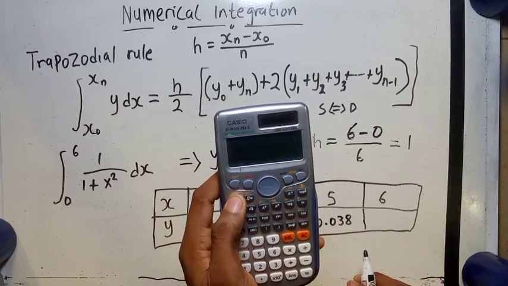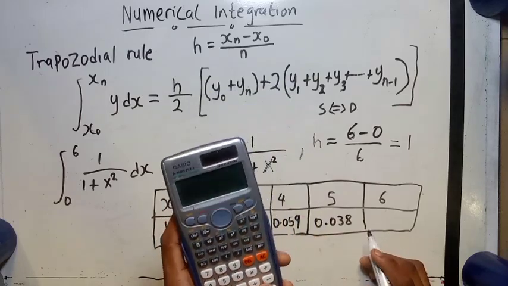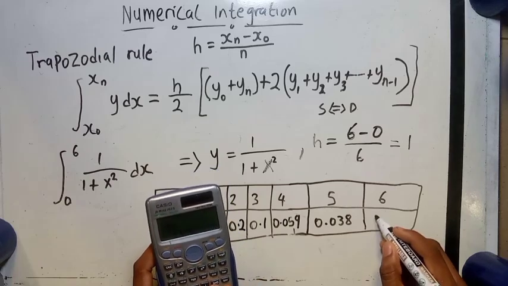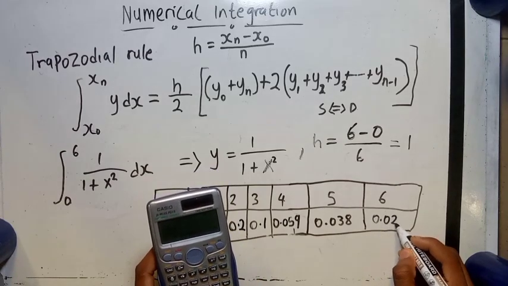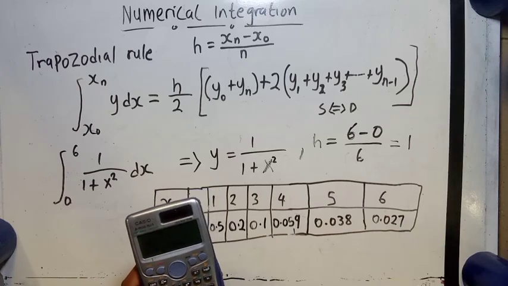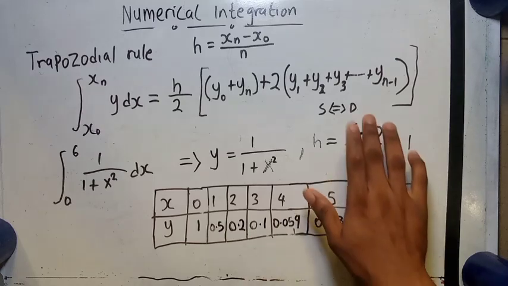Your CALC again. 6. You have 0.027. So just like that, I have gotten my corresponding y. Someone could have just been typing the whole of this every single time he wants to find all this, but I hope the trick was helpful.